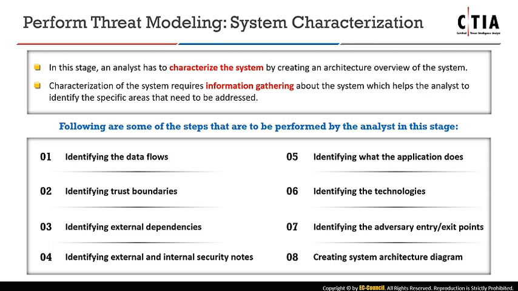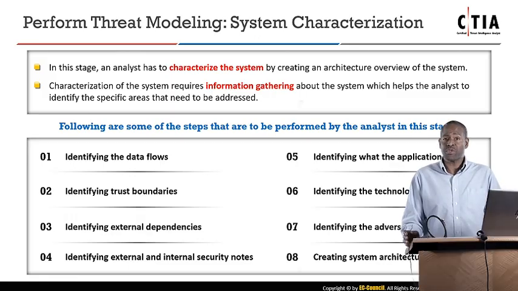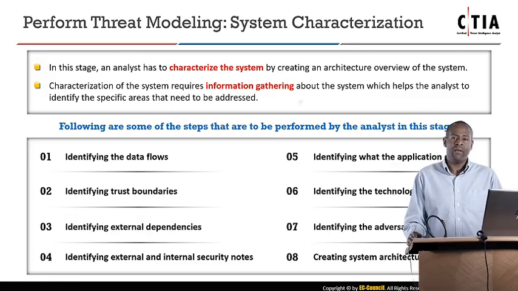Number four, identifying external and internal security notes. This is also very important. I've seen this happen many times when there are inappropriate notations in terms of security for an organization.